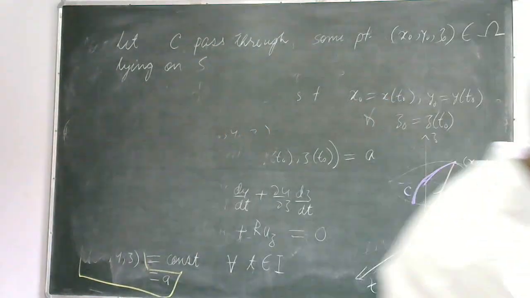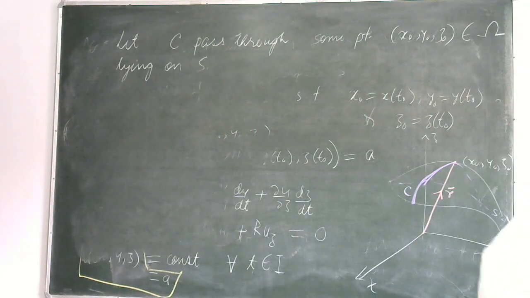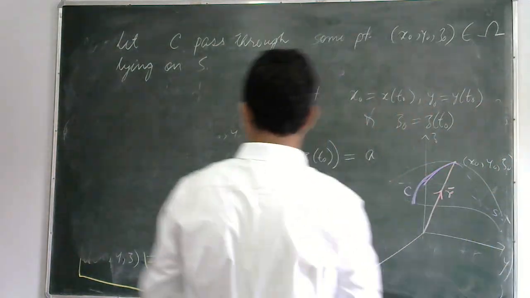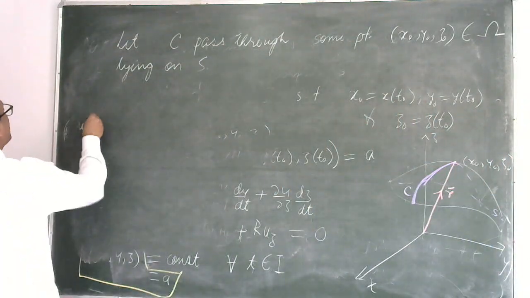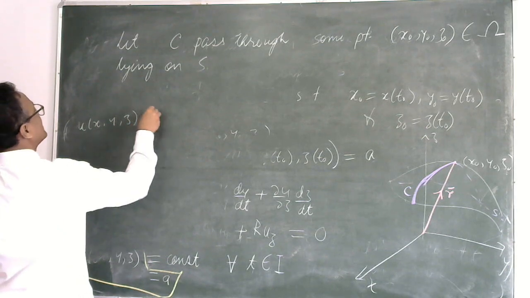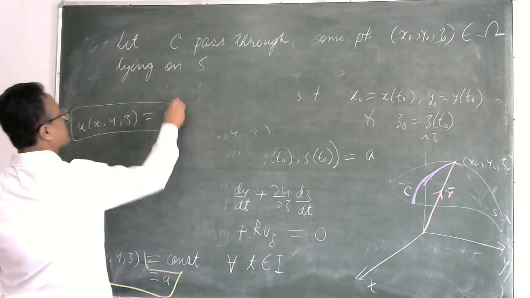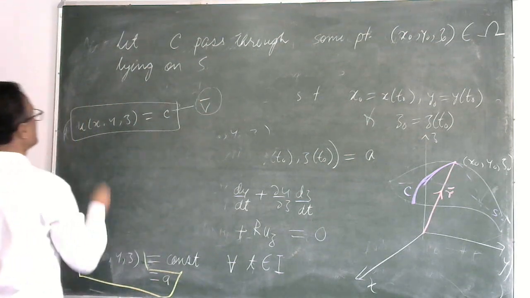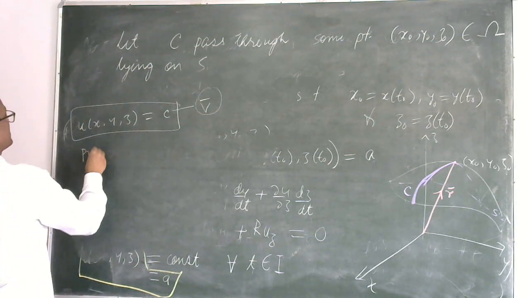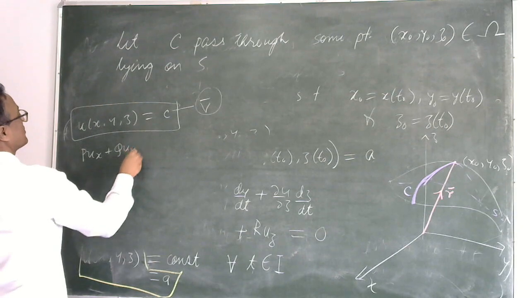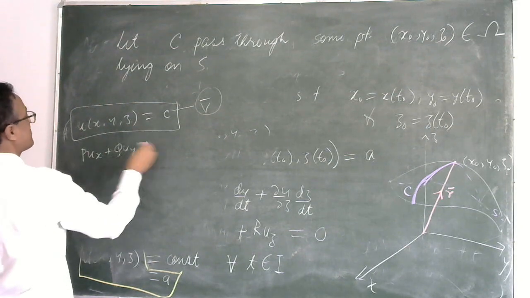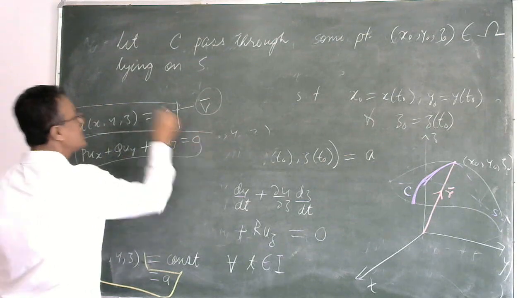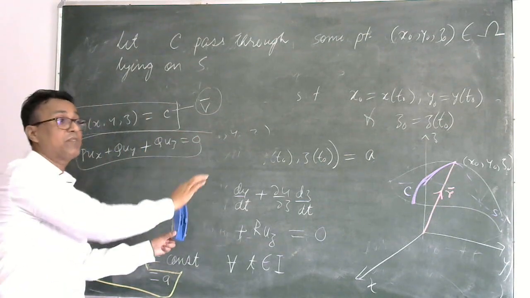See, from the definition of integral surface itself, I am going to say that this is an integral surface corresponding to the vector v, right? If this is a first integral, that came from there.